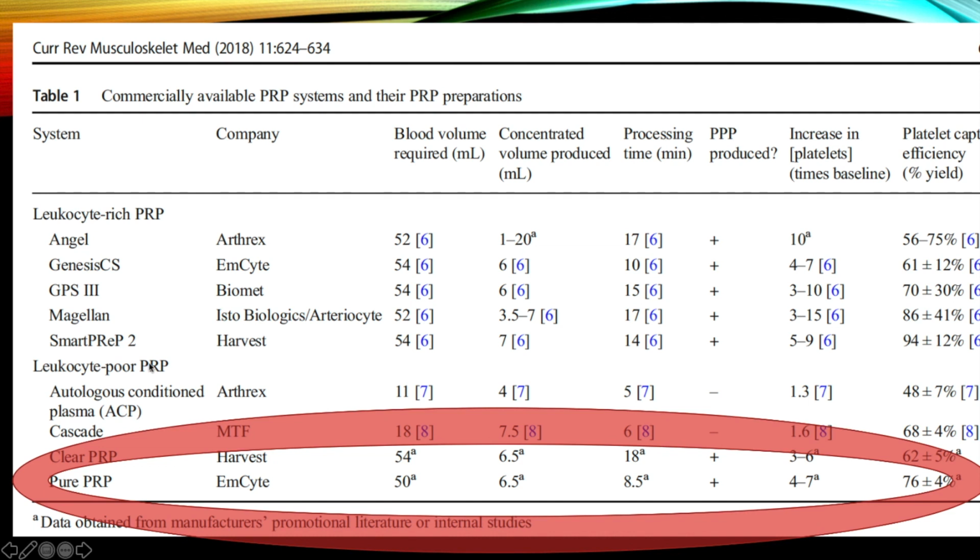In the comparison, MSite showed really good concentrated volume produced, and could it produce PPP, what's the increase in platelets from baseline, and here you get clinical grade of 5 times, and what's the capture efficiency. So the higher the increase in platelets, the better. To a point, if you get up to like 10 or 11 or 12, you're probably going a little too far with it, but you definitely want a clinical grade.